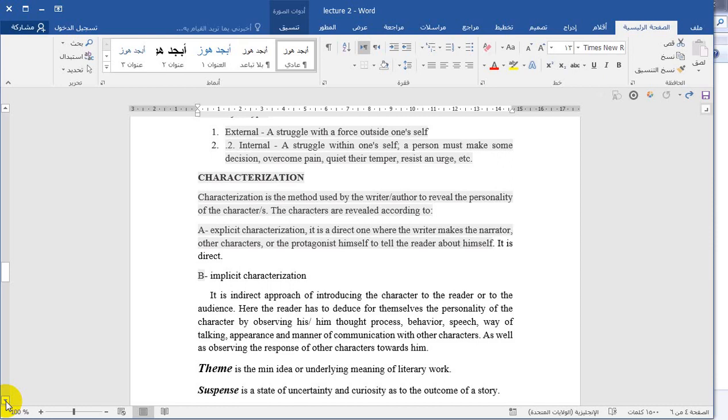According to what? Here the writer may reveal or convey information to us about the personality of his characters in two ways: implicit and explicit. Explicit characterization is the direct one. Here the writer makes the narrator, for example, or one of the characters, or the character himself, talk about the personality.